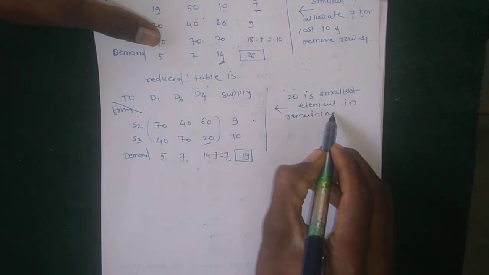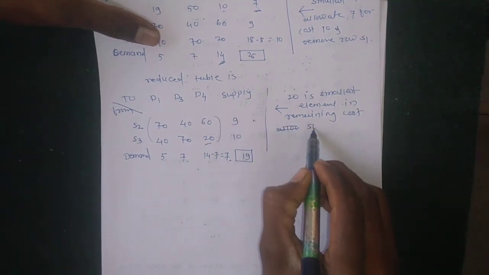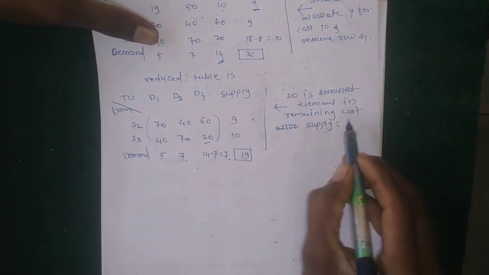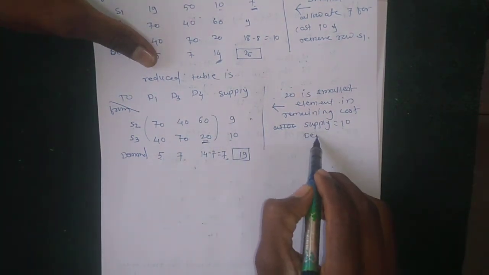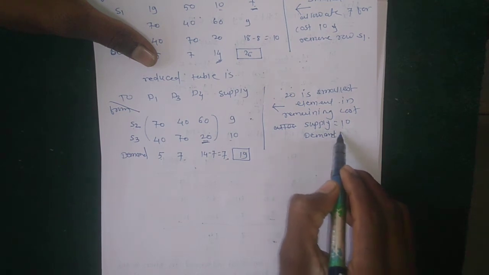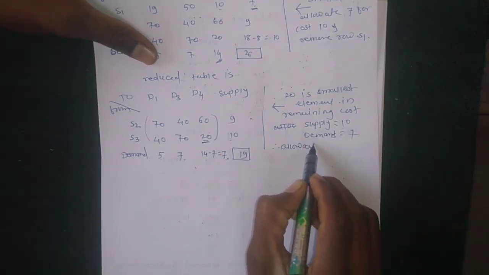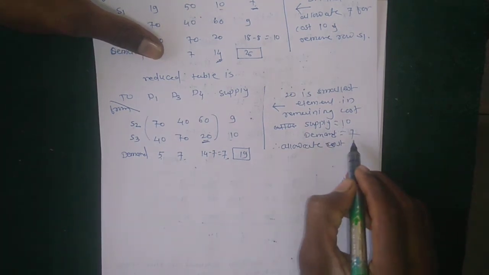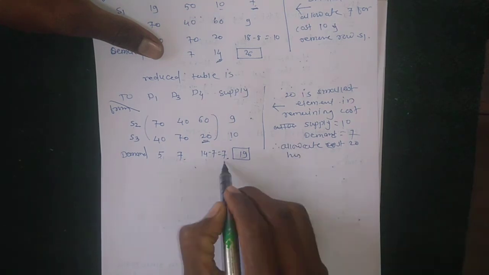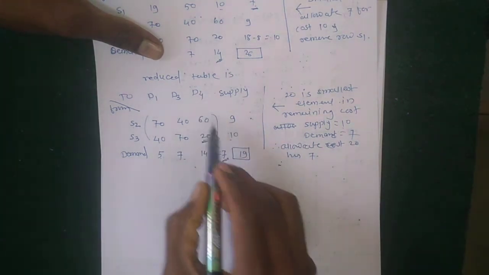In the remaining cost, allocate supply there. For the cost 20, supply is 10 and demand is 7. So allocate 7 for cost 20, therefore 7 is the demand.